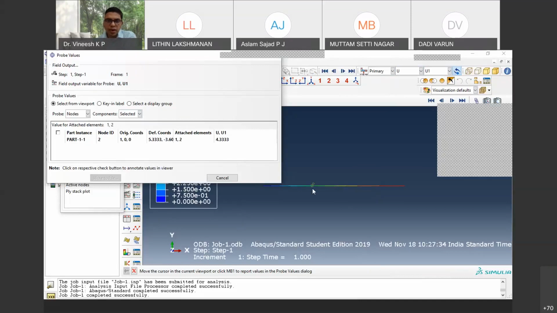And node 2, I am going to get 4.3333. So this is the result which you got when you apply the nodal load.